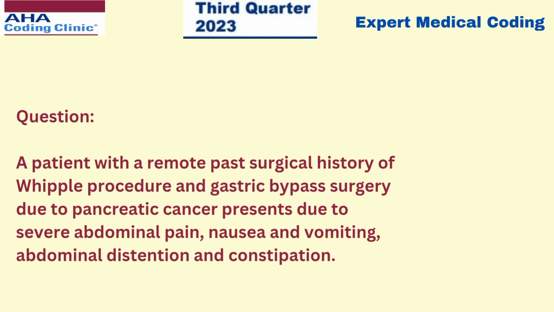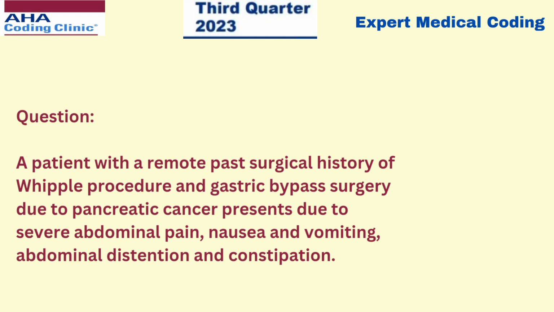A patient with a remote past surgical history of Whipple procedure and gastric bypass surgery due to pancreatic cancer presents due to severe abdominal pain, nausea and vomiting, abdominal distension, and constipation. So the patient has already undergone Whipple procedure and gastric bypass surgery because of the pancreatic cancer, and now the patient is coming with these symptoms: abdominal pain, nausea, vomiting, abdominal distension, and constipation.